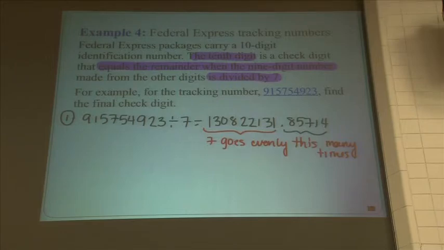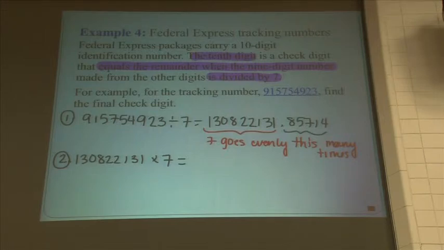So, to find the remainder, the next step is to take the 130,822,131 times 7. Okay? This will give us the multiple of 7 immediately beneath that 9-digit number.